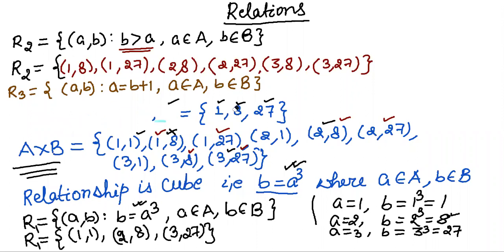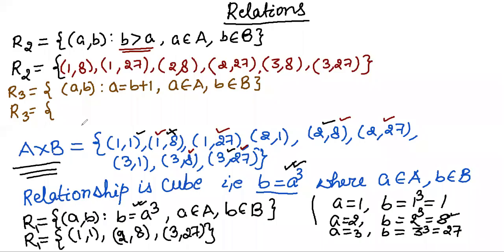So we will find out elements from the Cartesian product, and write elements of R3 according to the condition.